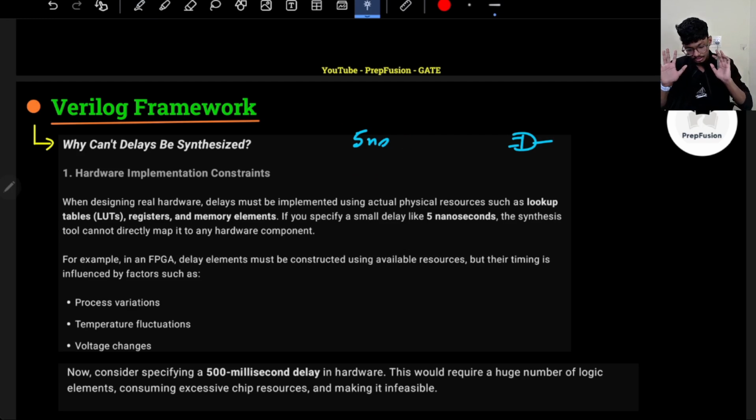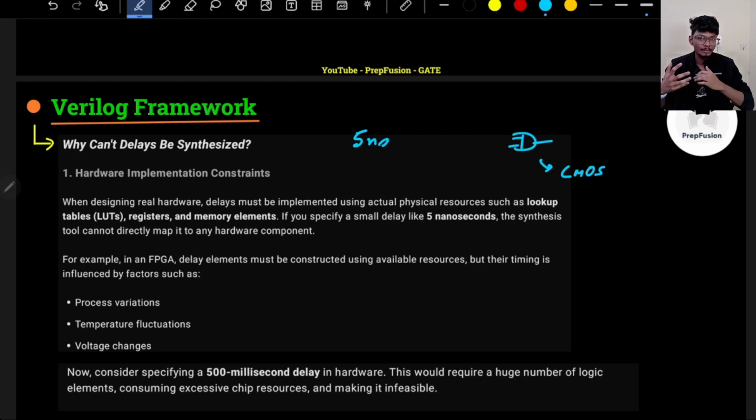The AND gate can vary with process variations. What do I mean by process variations? Process variations relate to how this AND gate was made. This AND gate was made with CMOS technology, and while making CMOS technology, there can be process variations.